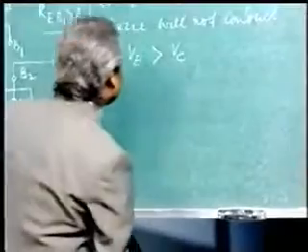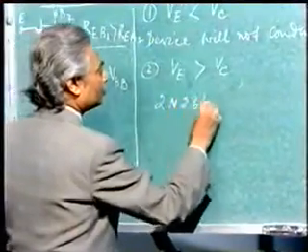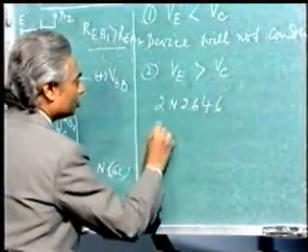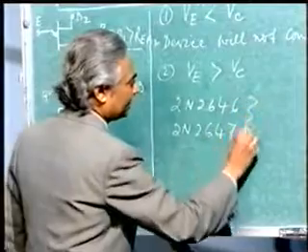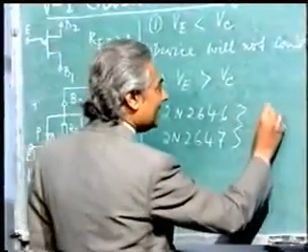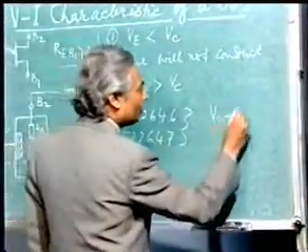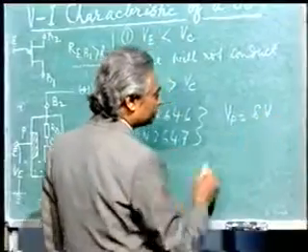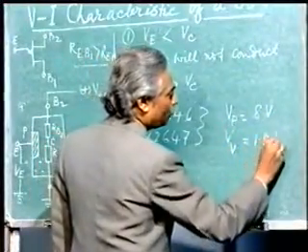You see, we are going to use 2N2646. You may also use 2N2647. These are normally found UJTs in the market, and they have the peak point voltage Vp approximately 8 volts and the valley voltage approximately 1.5.